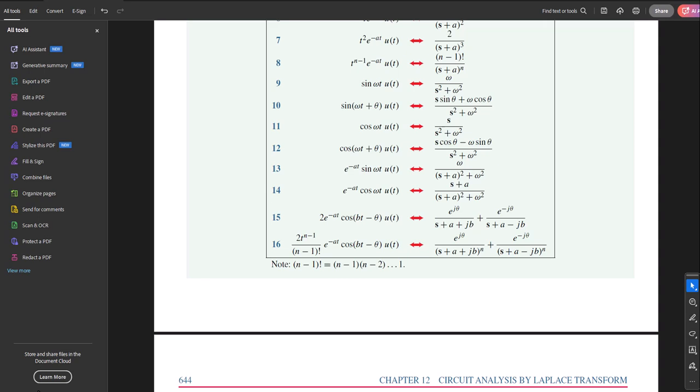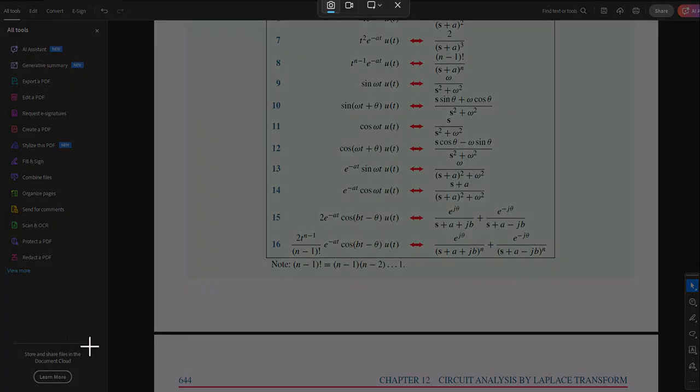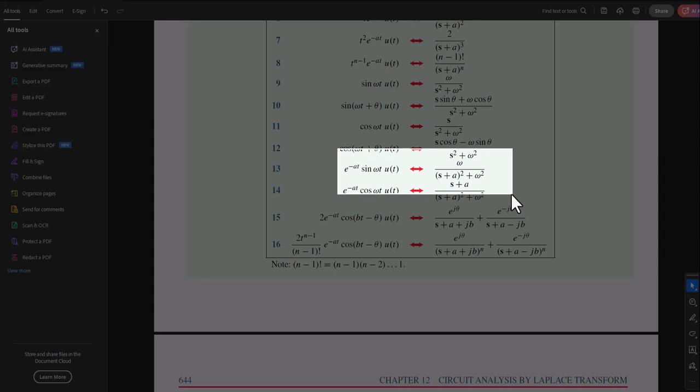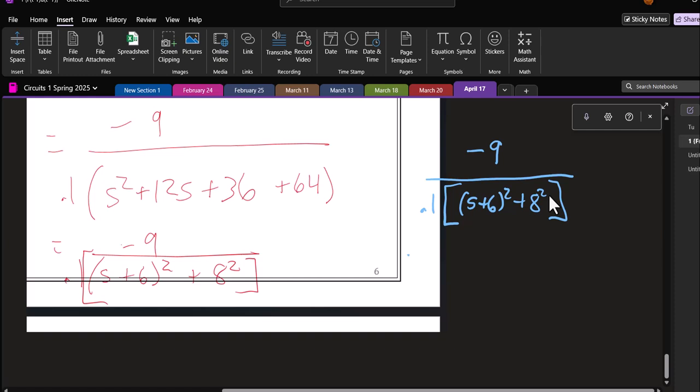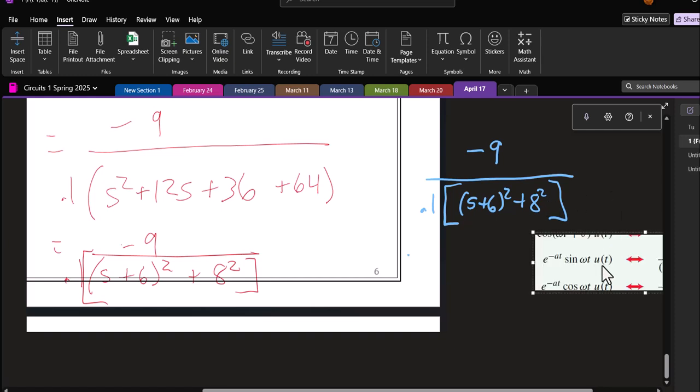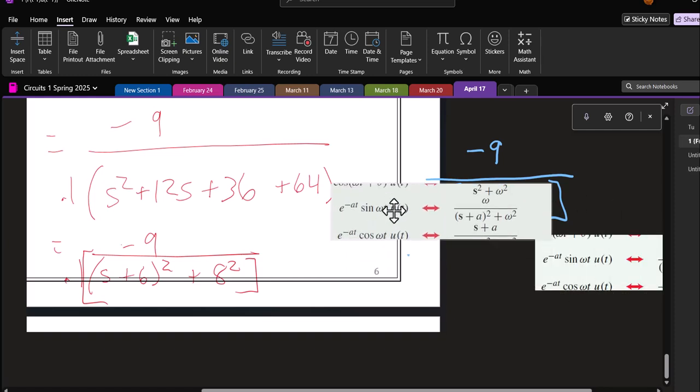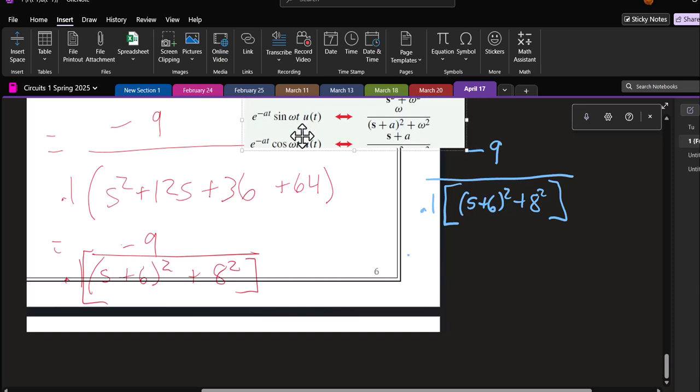So in order to take the inverse Laplace transform of this, the form that I need to get it into is this. I need it to look like that. My omega is 8, so I need to have an 8 on top.